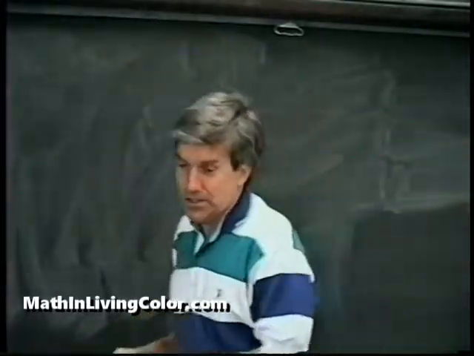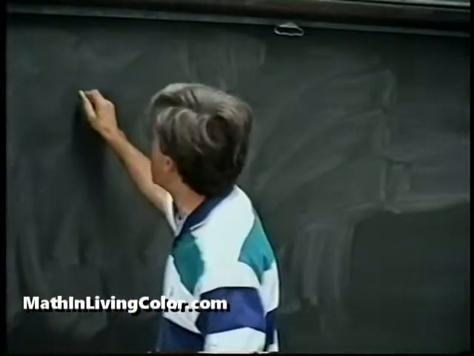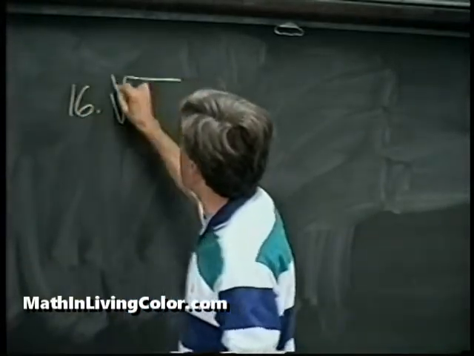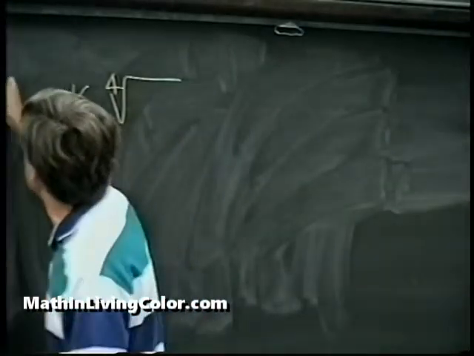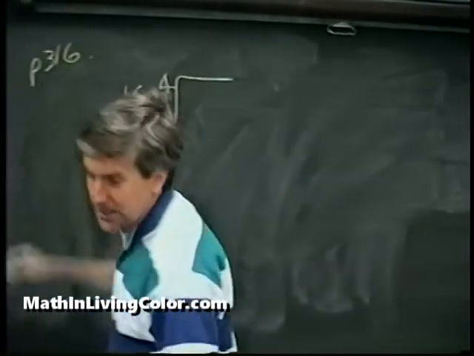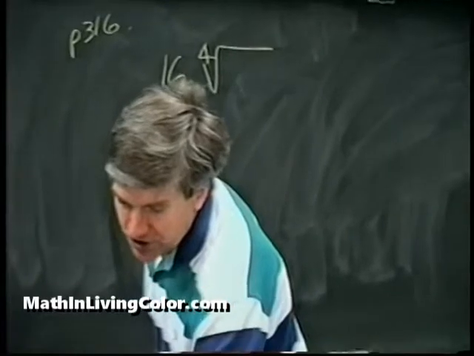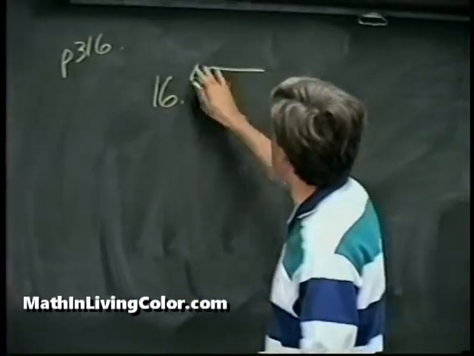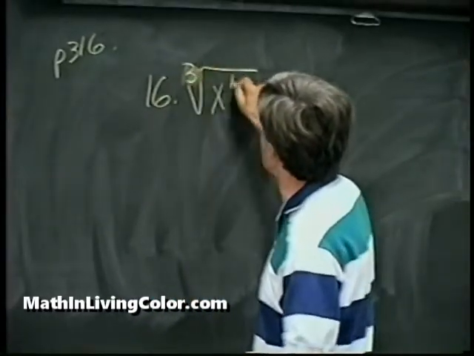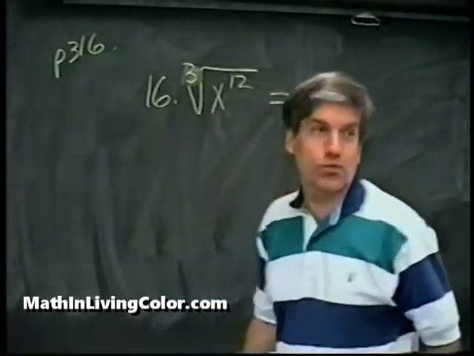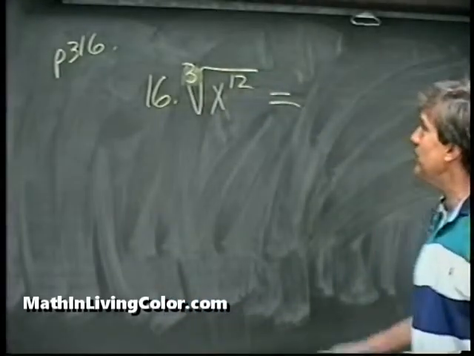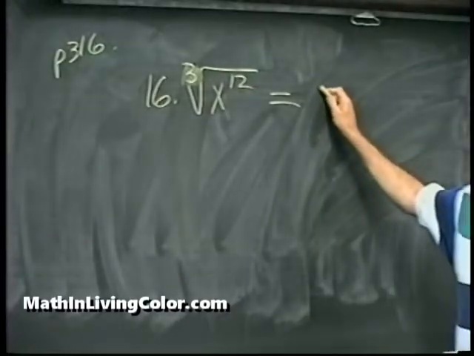All right? So what if I had something like number 16, this is on page 316, and it says the cube root of x to the 12th. Let me get on the right problem. Yeah, the cube root of x to the 12th. So what would be the result?